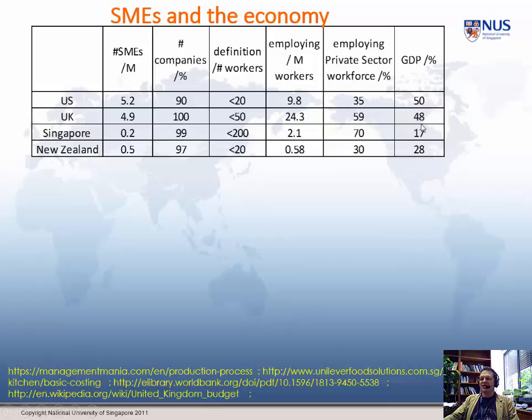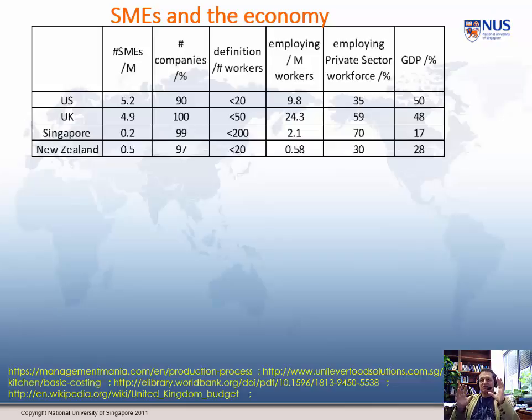What that means is that because the employee pool is reduced by large government, the percentage of employees in SMEs seems larger, although the actual number isn't large. And likewise, the amount of GDP accounted for by the SMEs is quite low because a lot of the GDP is actually done by government.